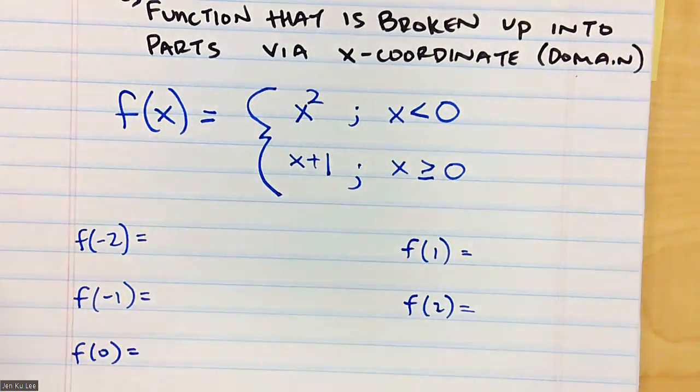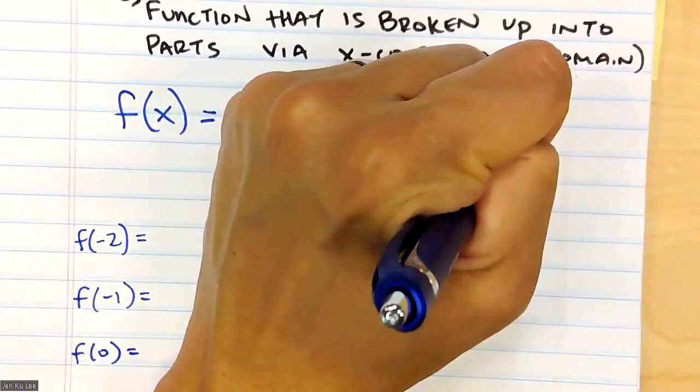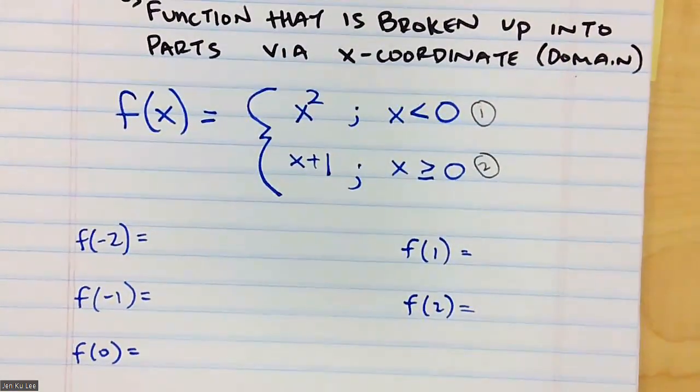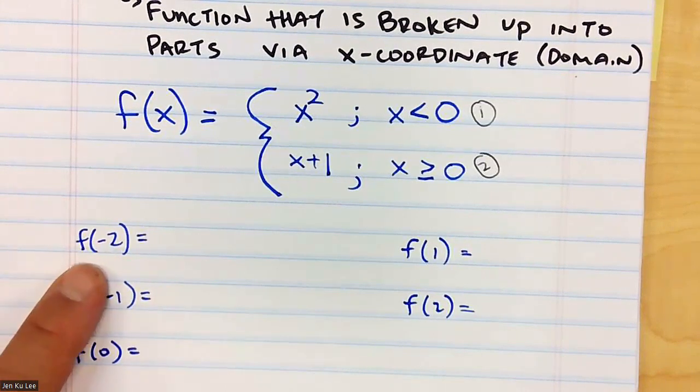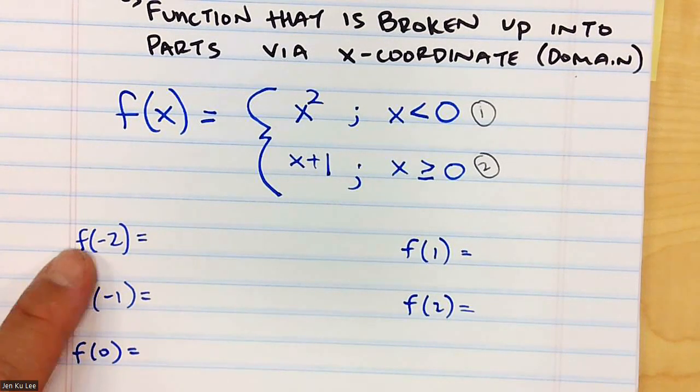Really quick, is it number 1 or number 2? Stick up a finger, or 2 fingers if you think it's 2. Please don't stick up your middle finger. Flip me off, I'm recording. 1 or 2? Stick it up high so I know, a quick check. If I wanted to get f of -2, which function would I use?